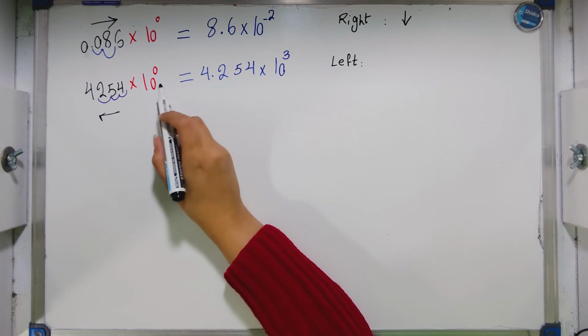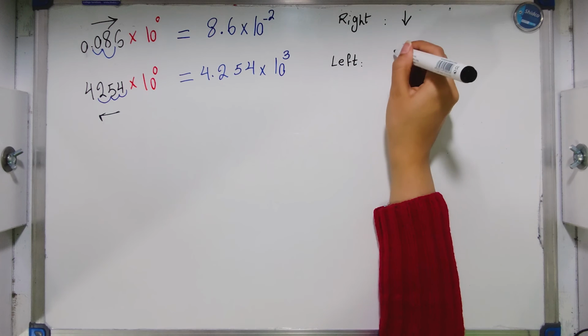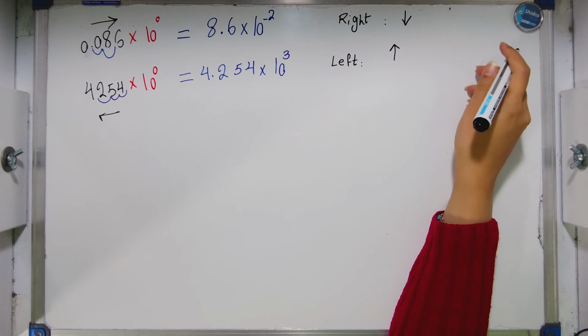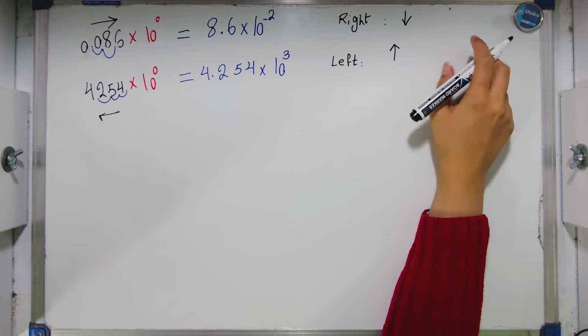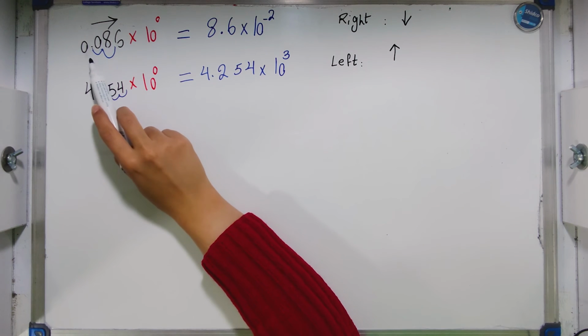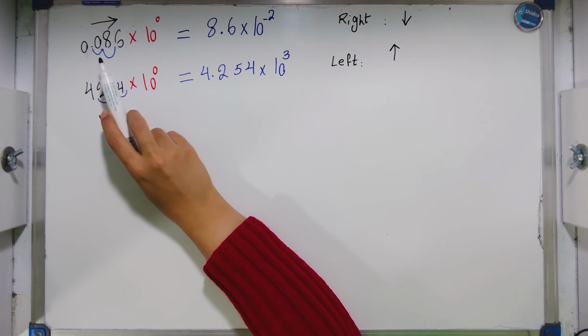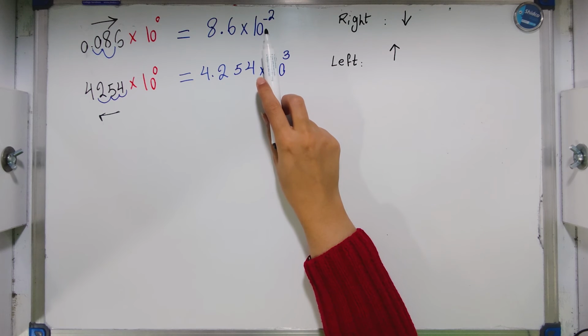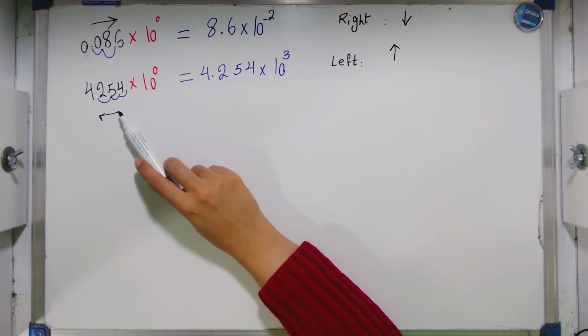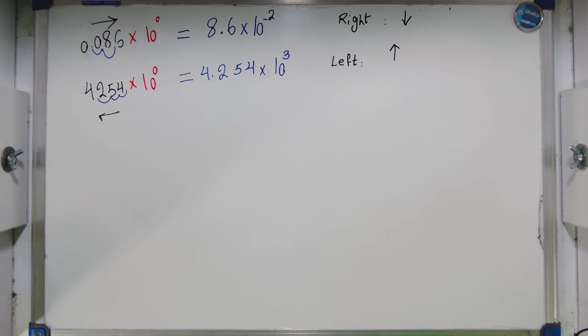But look here, it is 0 and now it is 3, so it is increased. You can say that whenever you are moving the decimal to the right, you are decreasing the exponent of 10. And when you are moving it toward the left, you are increasing the exponent of 10.